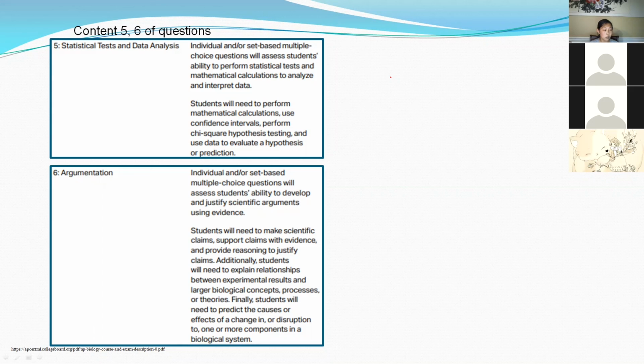And finally is argumentation, which is being able to, if you had some sort of prediction in a previous part, provide reasoning and justify why you think this is right through the information you're given.